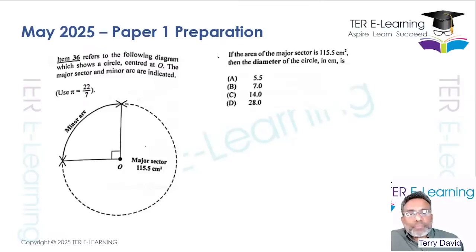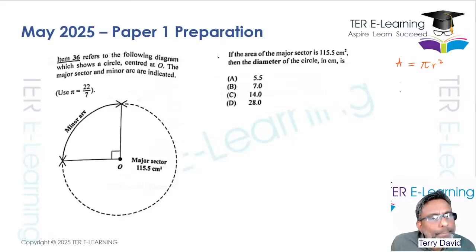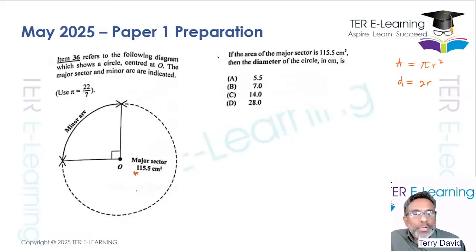Now, remember that your two formulas for our circle: area is given by pi r squared. We also know that your diameter is simply 2 times the radius. So here's what you're going to do. You know the major sector here is 115.5.